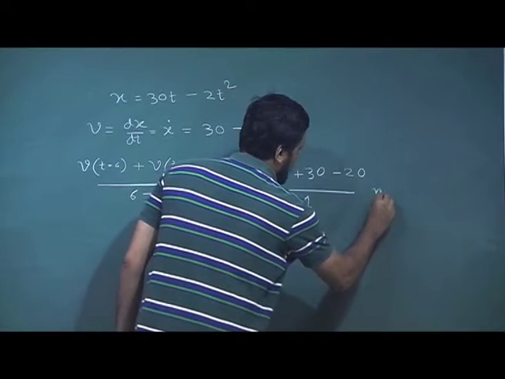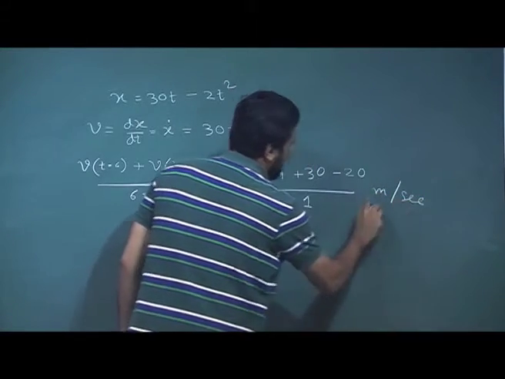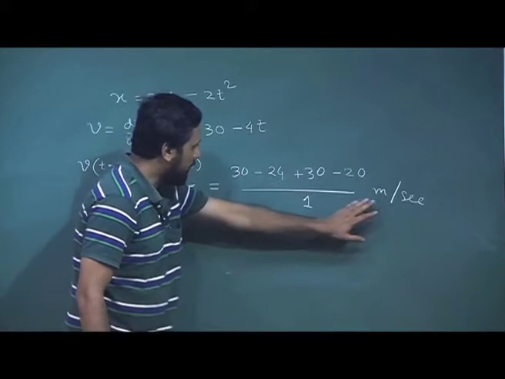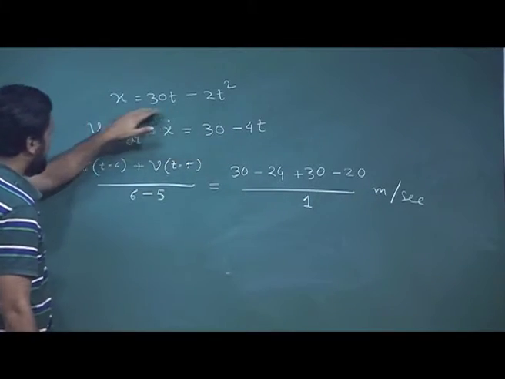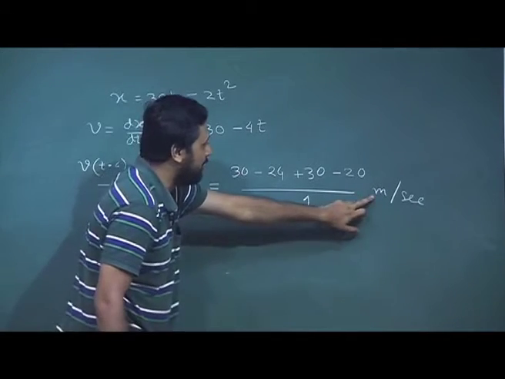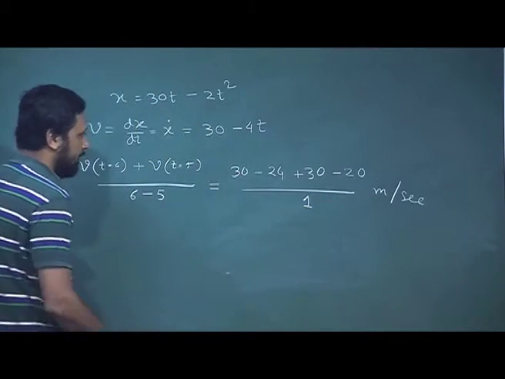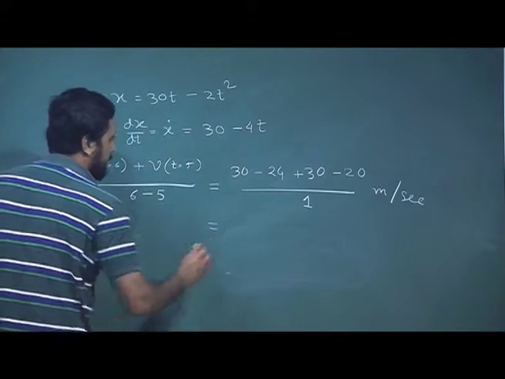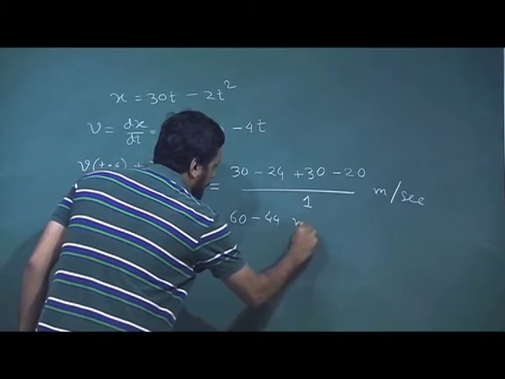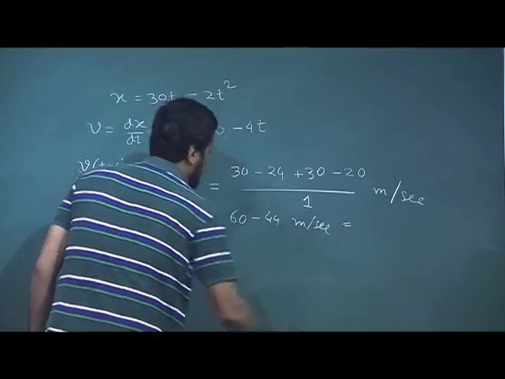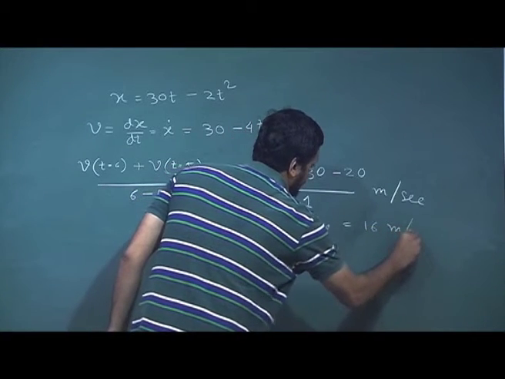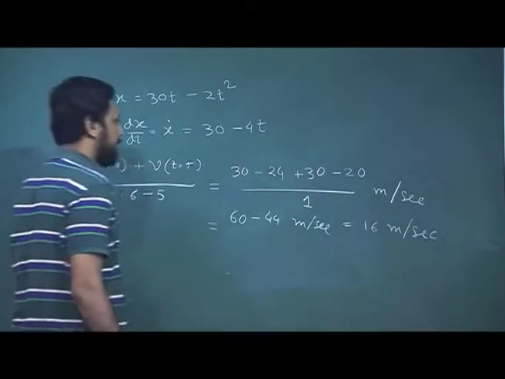I am just putting the unit as meter per second, it could be kilometer or centimeter per second, it does not really matter, because the unit of x is not specified. So, essentially which gives 60 minus 44 meter per second, which is 16 meter per second.